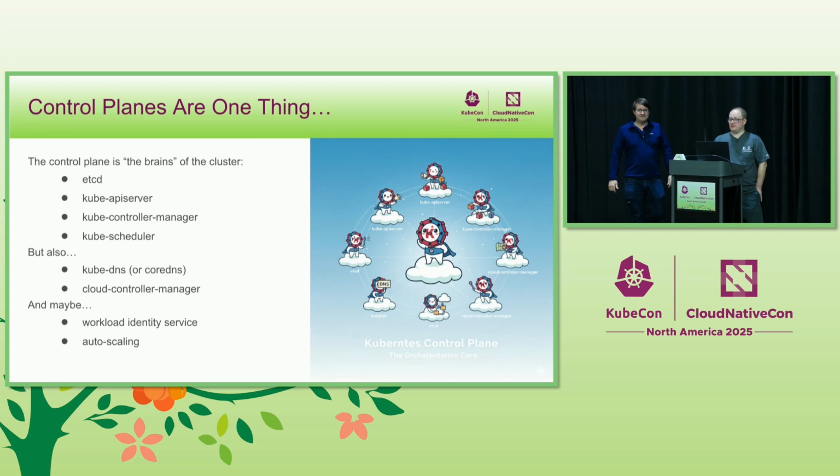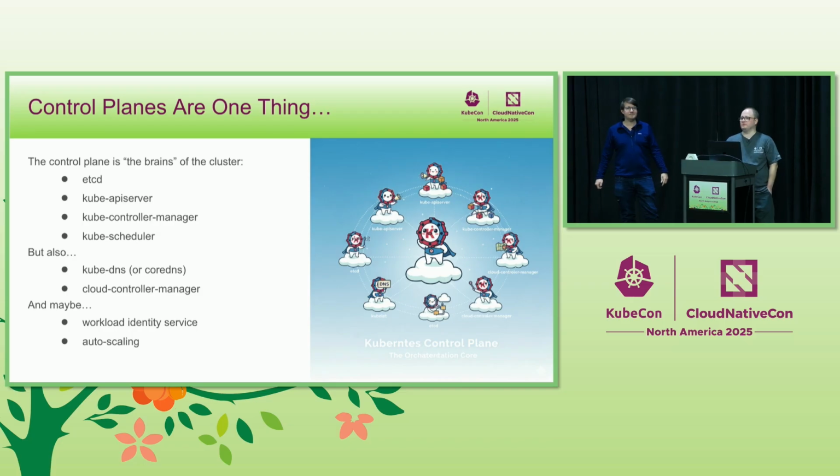Okay, control plane is the brains of the cluster. They are hard. Hard to build, hard to maintain, hard to scale. They contain etcd or a similar database, possibly managed separately from the cluster. There's kube-apiserver, kube-controller-manager, kube-scheduler, but there's also kube-dns, which you cannot do without.